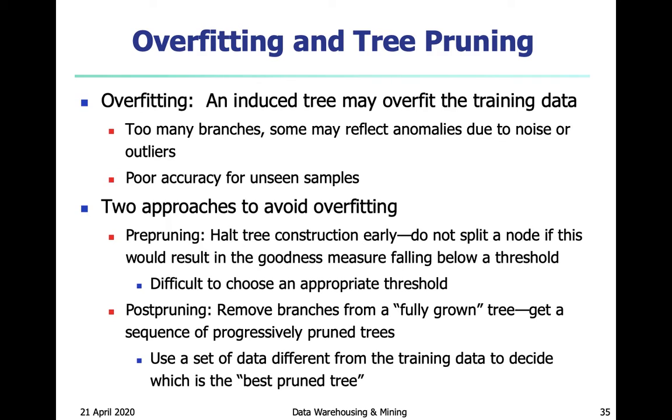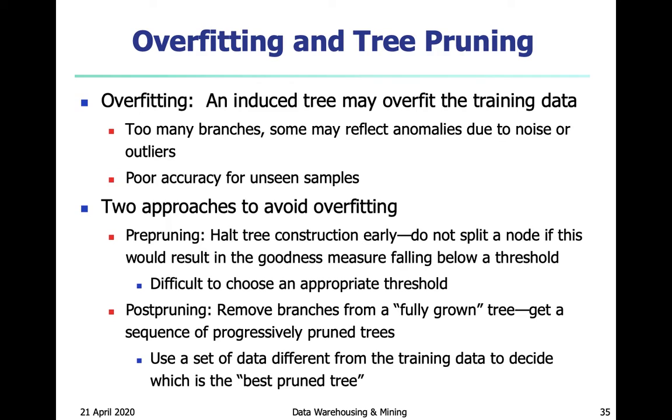If partitioning the tuples at a node would result in a split that falls below a specified threshold, then further partitioning of the given subset is halted. There are difficulties in choosing an appropriate threshold. A high threshold could result in oversimplified trees, whereas a low threshold could result in very little simplification.